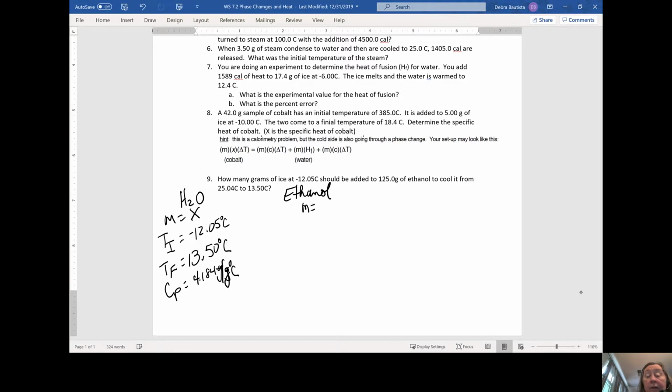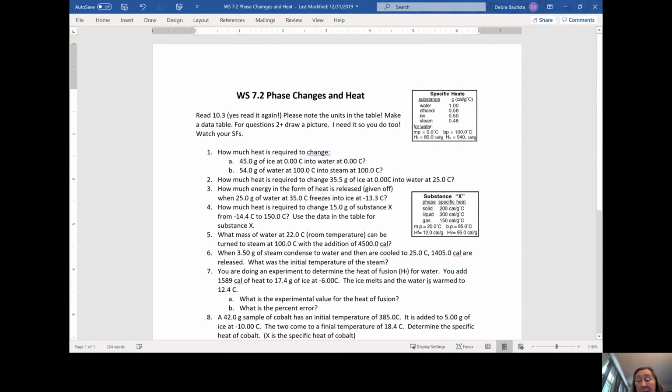Ethanol, the mass for ethanol is 125.0 grams. Temperature initial of this is going to be 25.04 degrees Celsius. Temperature final is going to be 13.50 degrees Celsius. And C sub P for ethanol is up here.